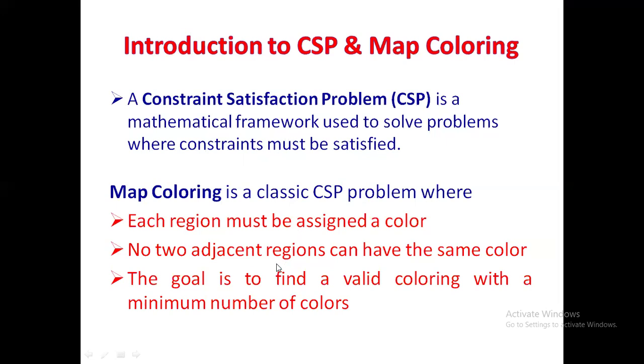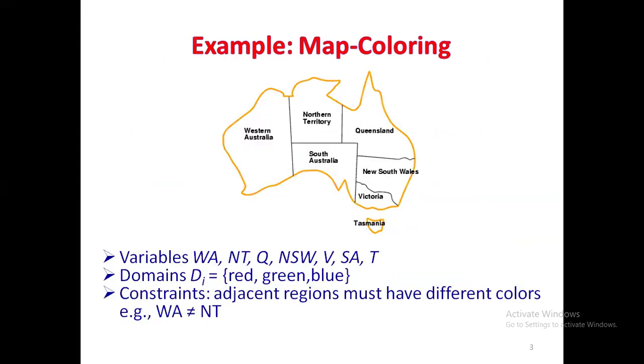The goal is to find a valid coloring using the minimum number of colors. This problem can be represented as a graph where regions are nodes and connections between adjacent regions are edges, making it an essential problem in graph theory and optimization.